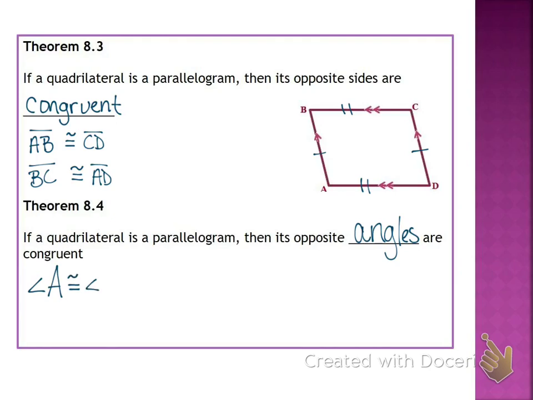C, the one that's opposite it or across from it. That would also mean that angle B is congruent to angle D. And again, you could mark this in the diagram with the arcs. A and C could each get 1 arc. B and D could each get 2 arcs.